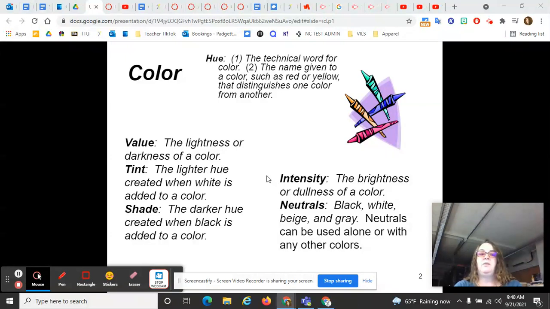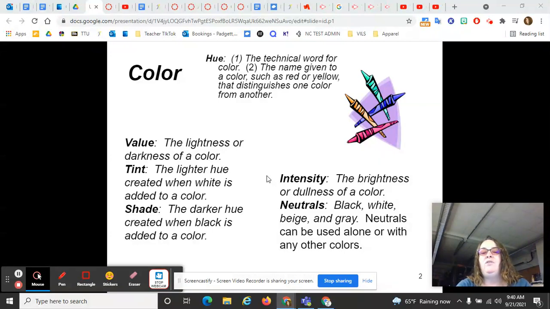A lot of people get value and intensity mixed up. But intensity is how bright it's going to be or how dull it's going to be. We'll take black, for example. You can have a patent black, which is going to be real shiny, and then you have a matte black, which is real dull. Okay, so it's bright versus dull.